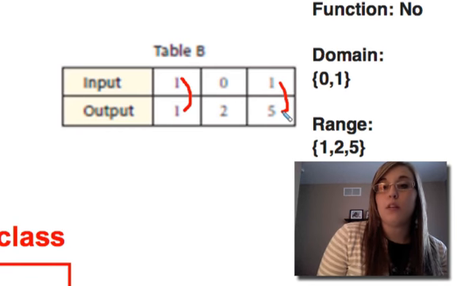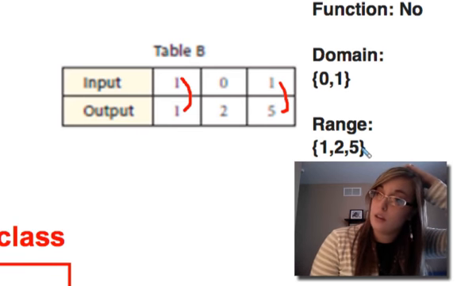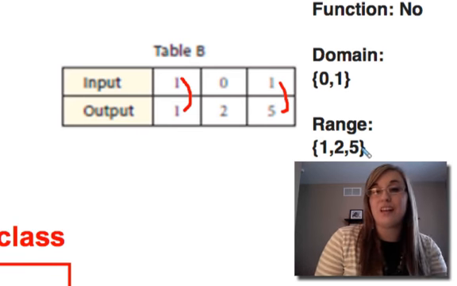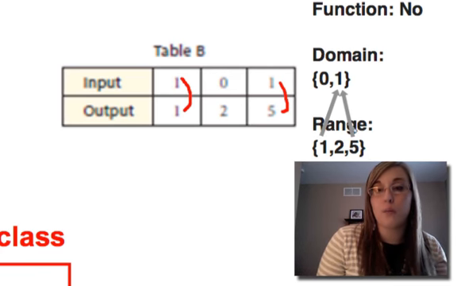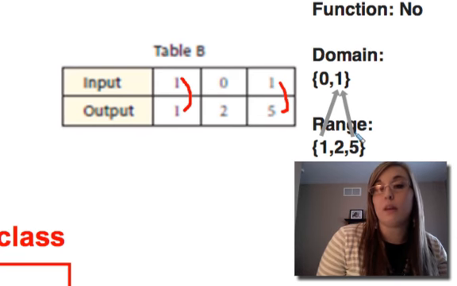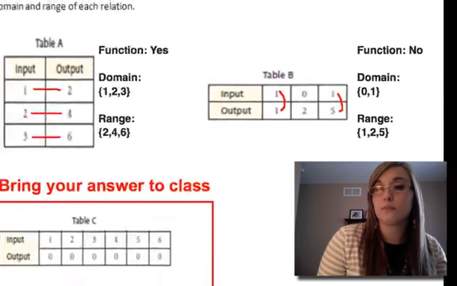So we've got only a 0 and a 1 in the domain, and we've got a 1, 2, and a 5 in the range, which is also another indicator because there's not enough y's to match up with x's. So a 1 and a 5 in the range match up with a 1 in the domain, which is why that's not a function.